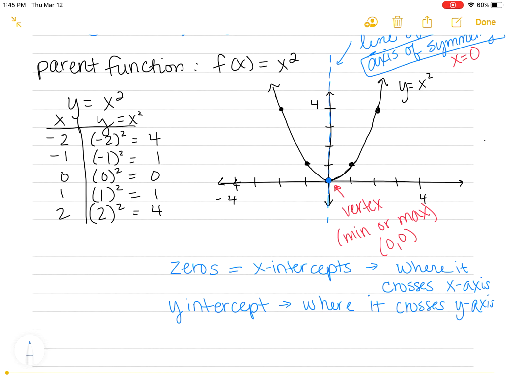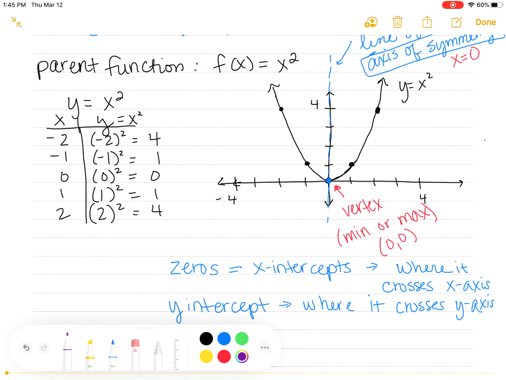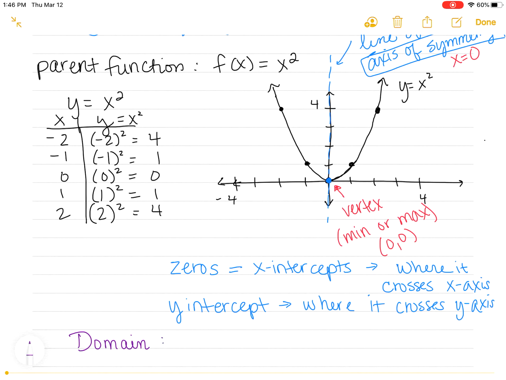The other two vocabulary big ideas that show up as we move forward are domain and range. Hopefully from Algebra 1, you remember that the domain are the x values that you can input into the function.